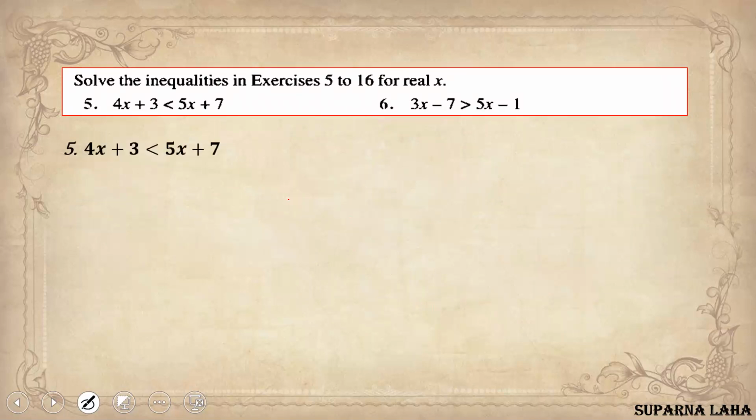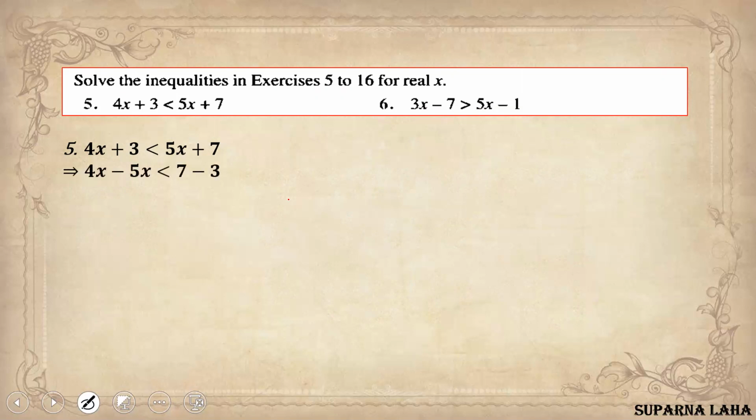Clear? Now, we just need to separate the values and variables. Like we solve equations, here we need to solve these inequations or inequalities also. So 4x minus 5x less than 7 minus 3.